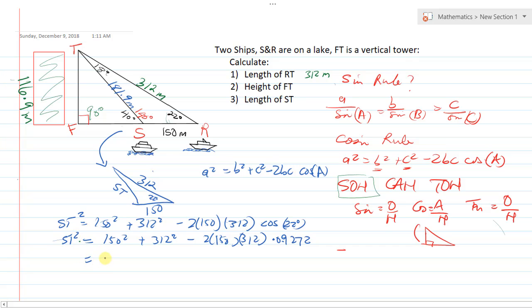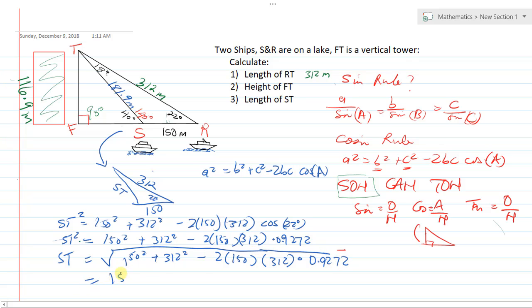When you find all of this, you're going to say that ST is the square root of all of this. I'm not going to solve it, but I know that the answer you're going to get is going to be equal to the same 181.9 meters.